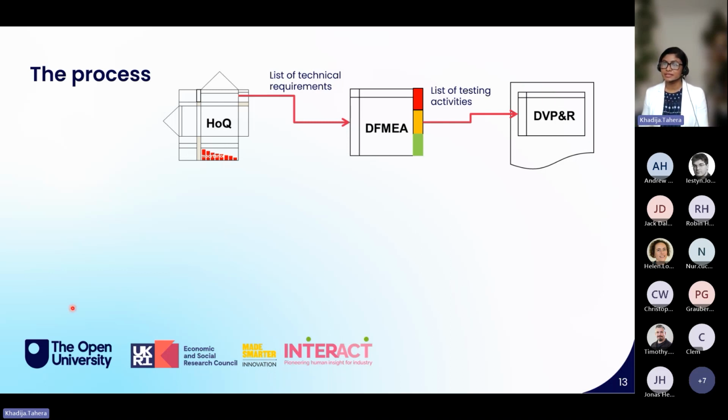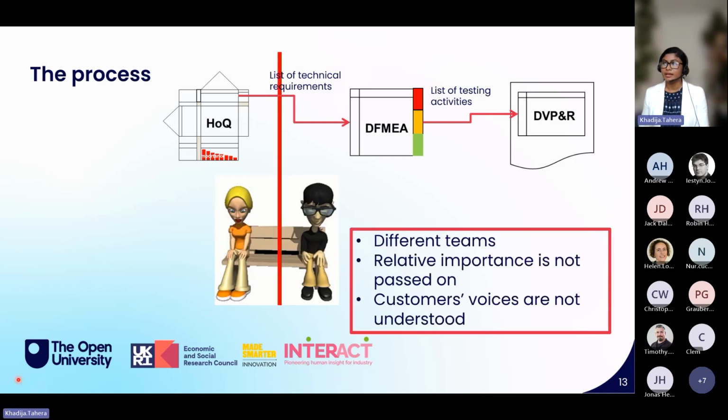But the problem, from what I have seen in my case study, is that these tools don't talk to each other. I have to acknowledge that the case study I did was of large companies with large departments, where different teams deal with different tools and different people manage those tools.